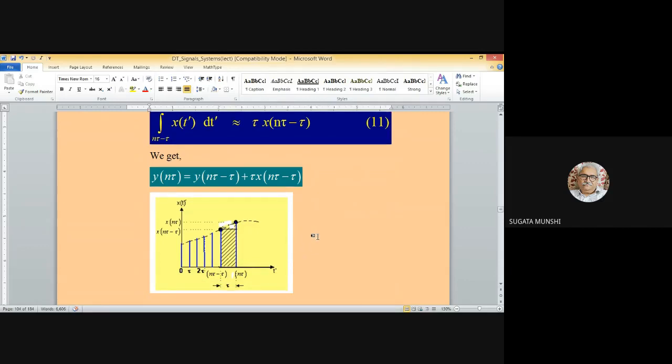So the amplitude response will be the same for both the cases.